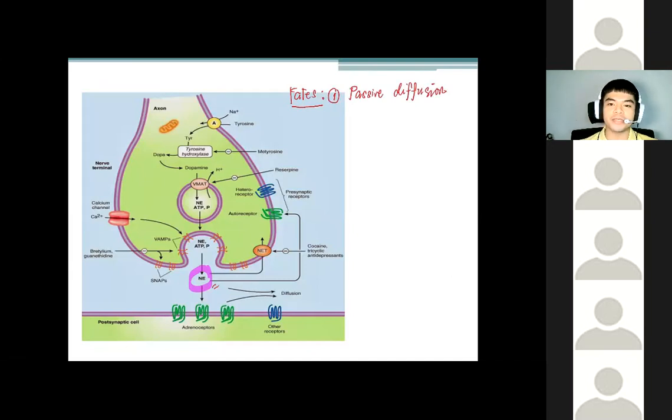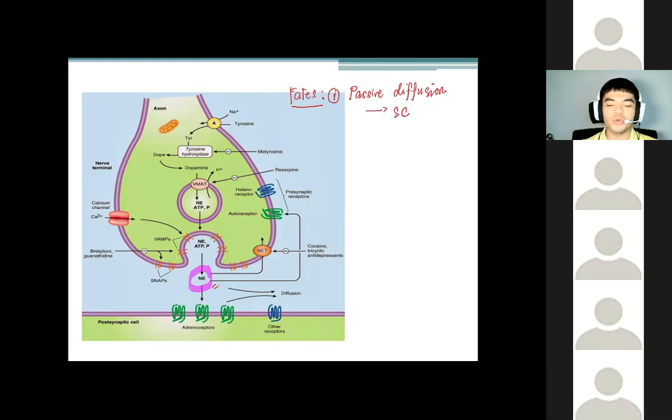So when we say passive diffusion, this means na ang norepinephrine in the cleft na mataas ang concentration will move along the concentration gradient. That is, magpapass down siya papunta sa ating systemic circulation. So that is passive diffusion.